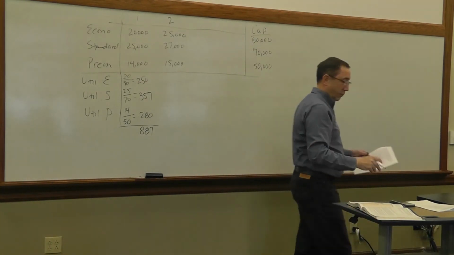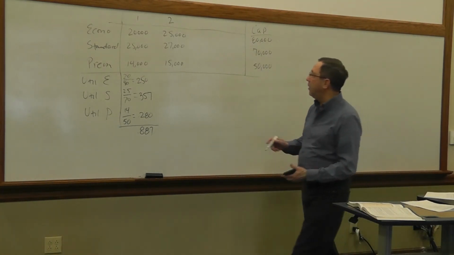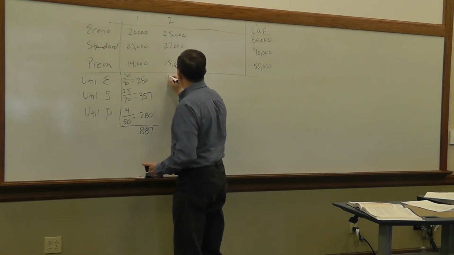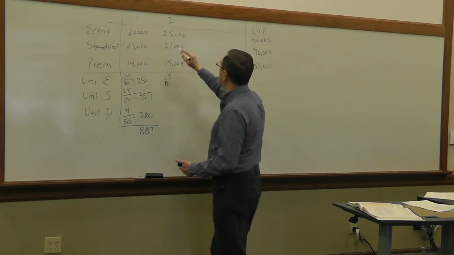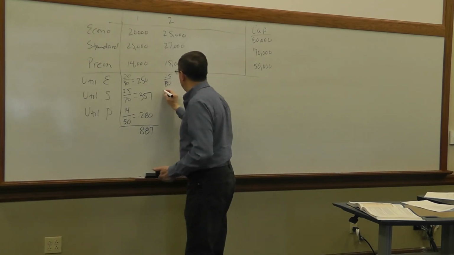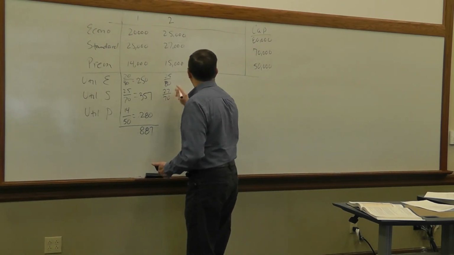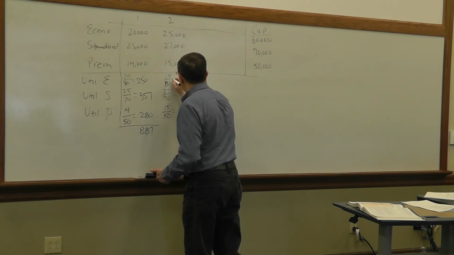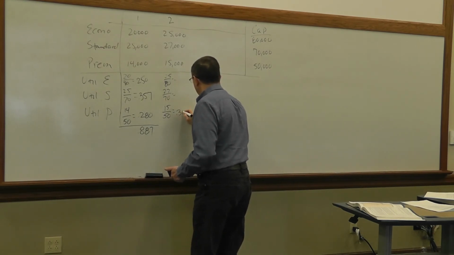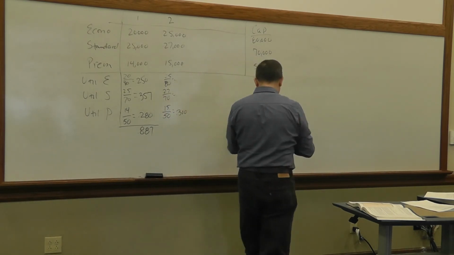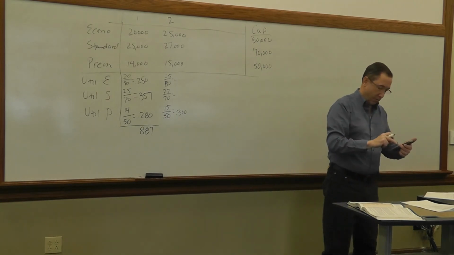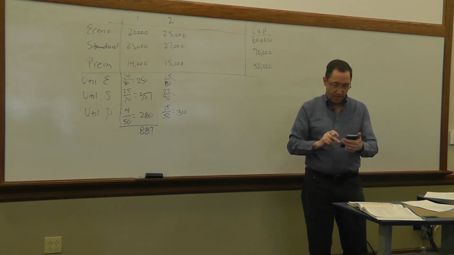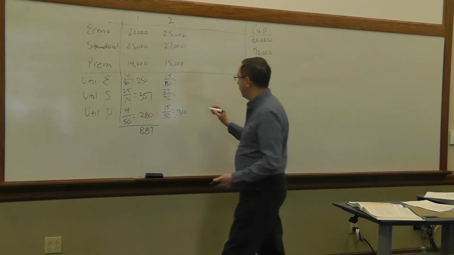And then we just redo it for the second year, 25 over 80, 27 over 70, 15 over 50, that's 0.300. 27 over 70, 0.386 if we round.